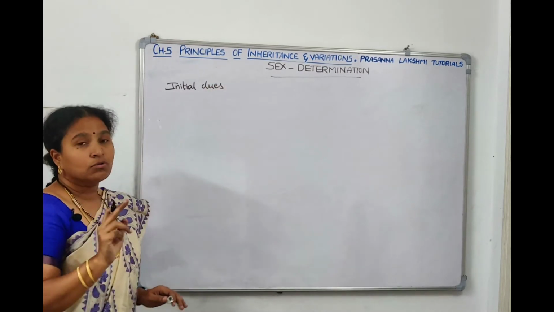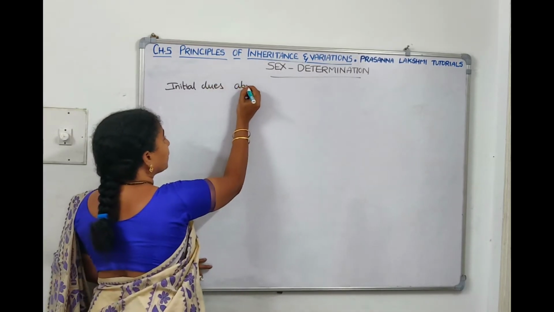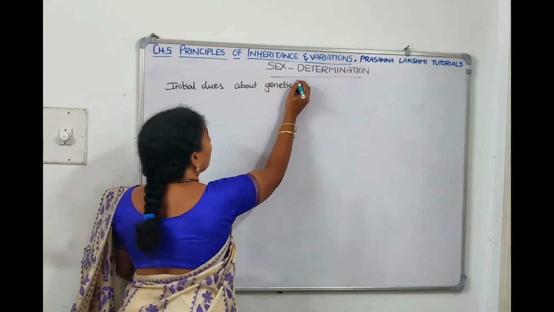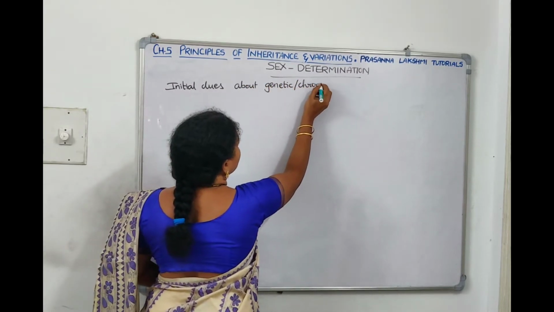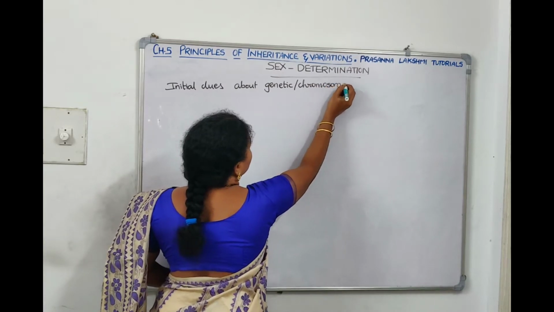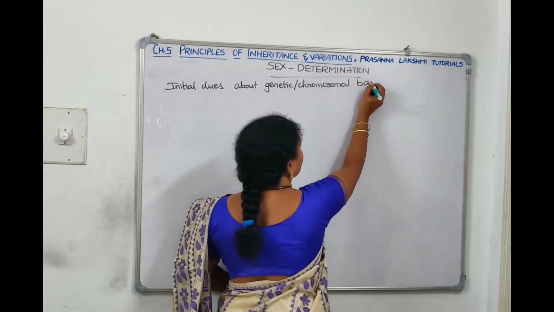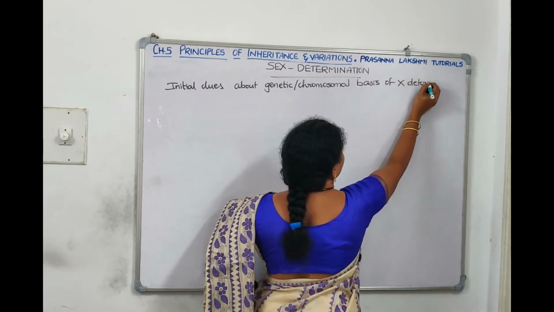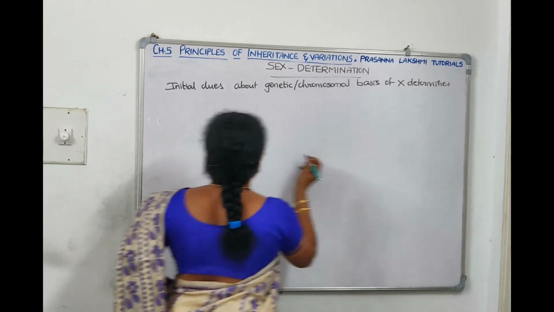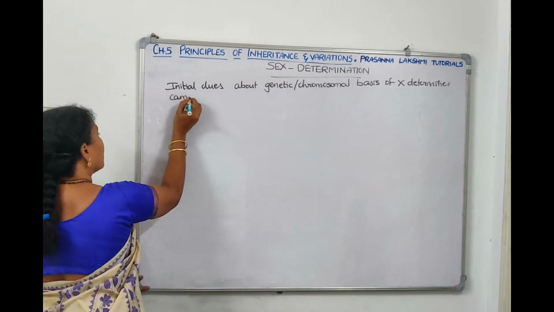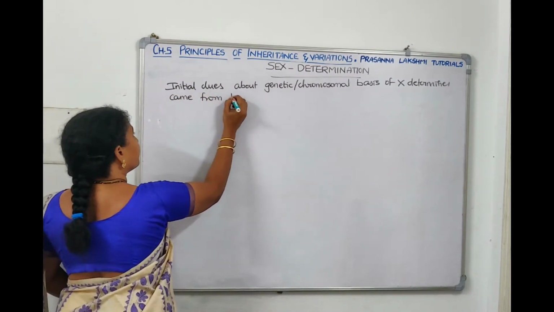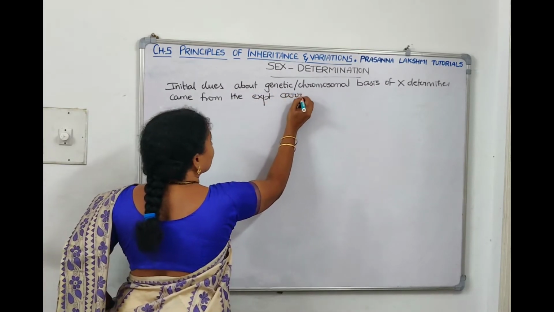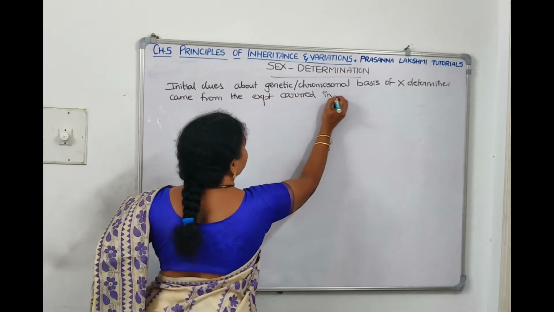The initial clues about the genetic or chromosomal basis of sex determination came from the experiments carried out in insects.